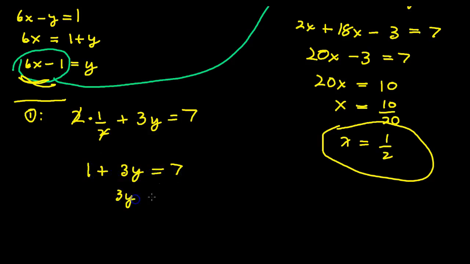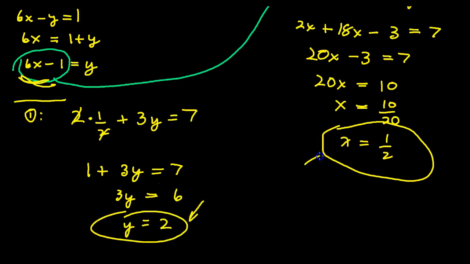Subtracting 1 from both sides, I get 3y equals 6. And of course, dividing both sides by 3, I get y equals 2. So my simultaneous solution is x equals 1/2 and y equals 2. And again, in ordered pair notation, it would be the point (1/2, 2).